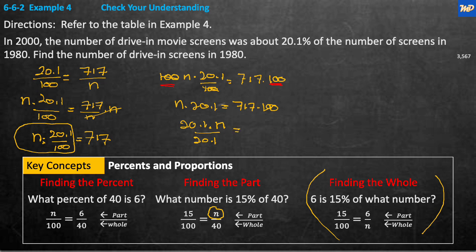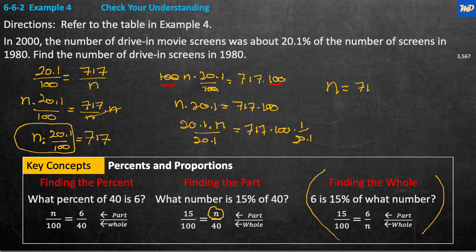So it's equal to 717 times 100 times 1 over 20.1. So that's the reciprocal.